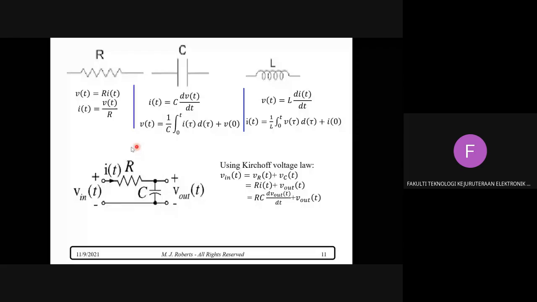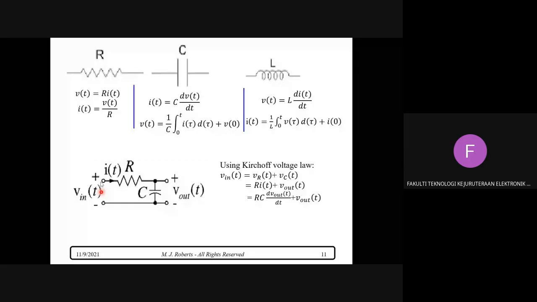you have to use Kirchhoff's voltage law. You have the input voltage, so you know that V in equals VR plus VC, because R and C are in series.